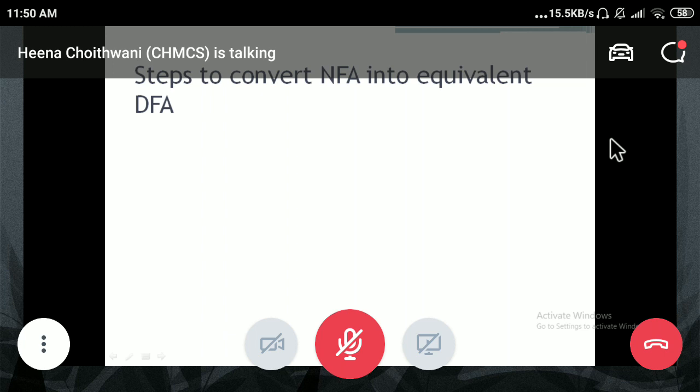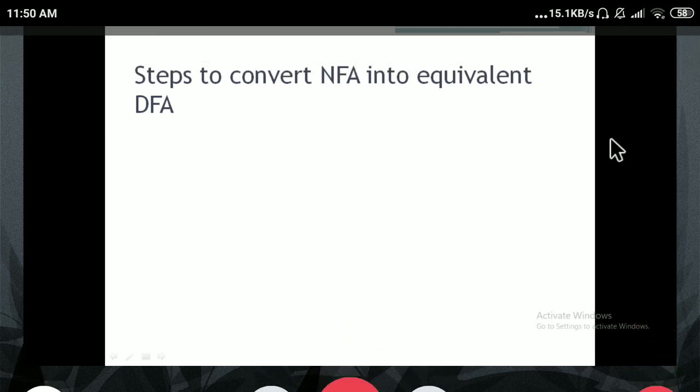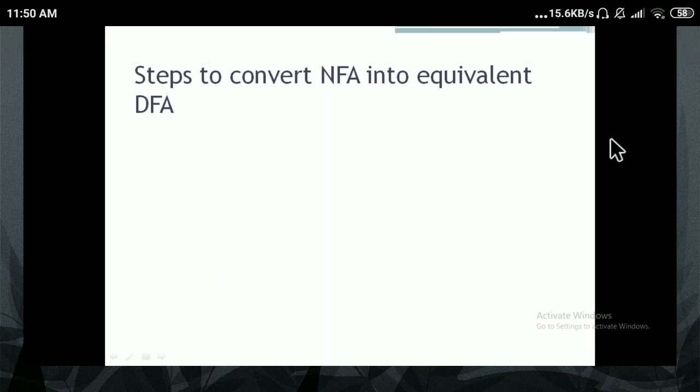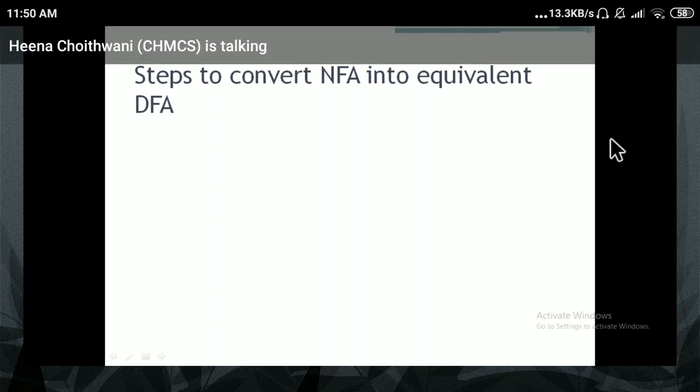So let's begin. In the last session, we have seen how to convert an NFA into an equivalent DFA. So we quickly repeat the process of converting NFA into an equivalent DFA because we have two more examples to convert.